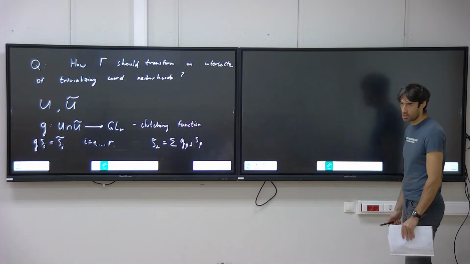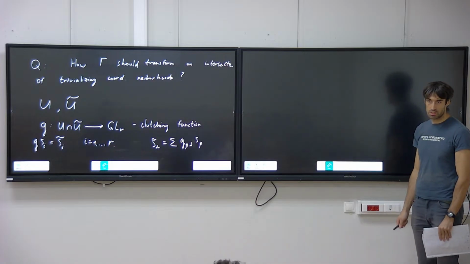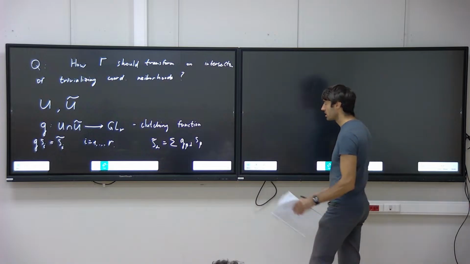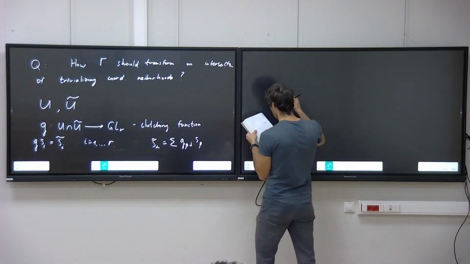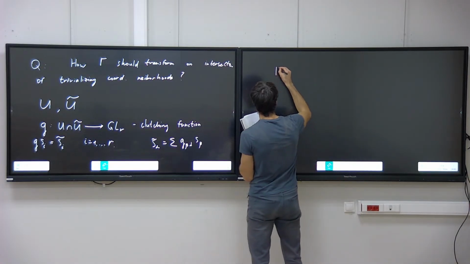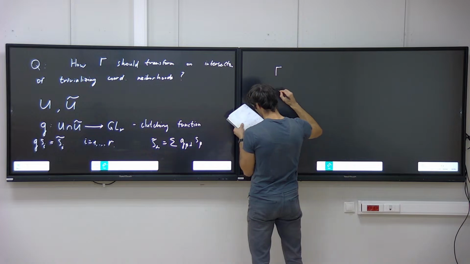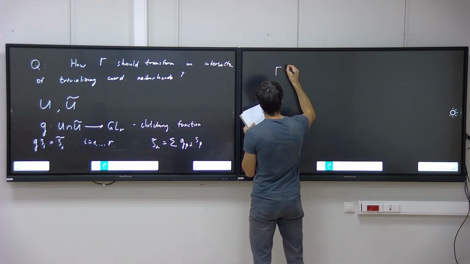Okay. Now I will give you the answer and we'll discuss why this answer is correct. First of all, I need to think of gamma. It has three indices, right?